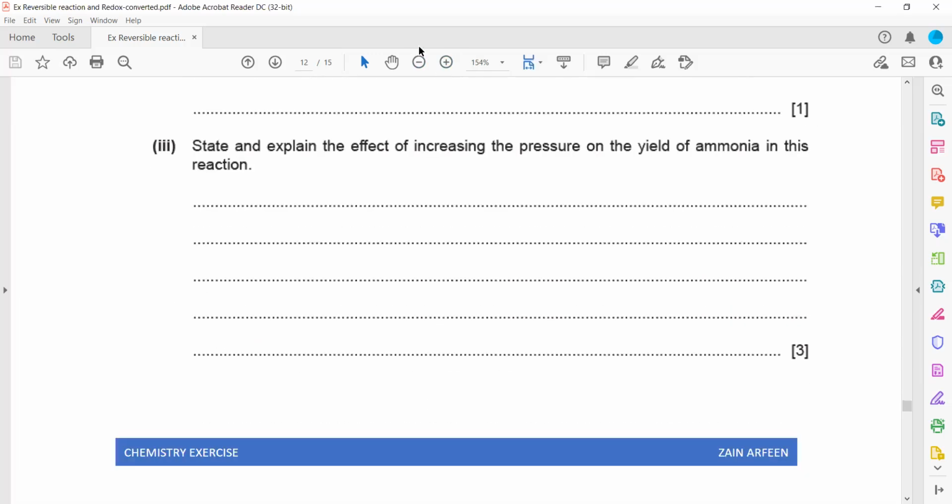So the effect of pressure: an increase in pressure shifts the equilibrium towards the side of fewer moles or fewer particles.